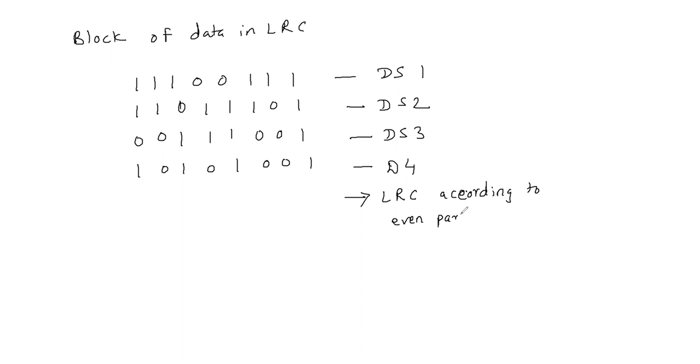So we will examine each column, see whether the number of ones is even or not, and after that we make the last row even parity.